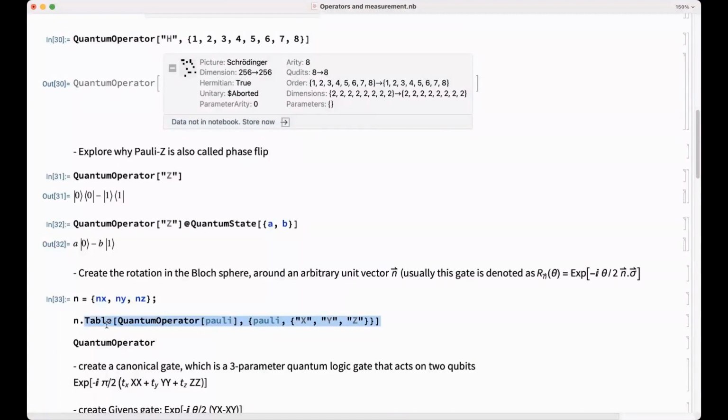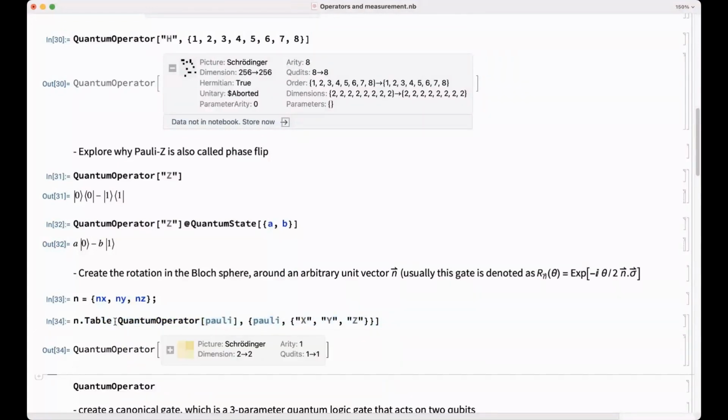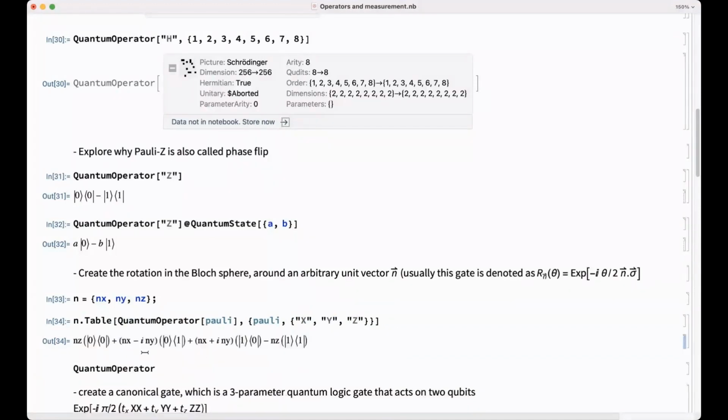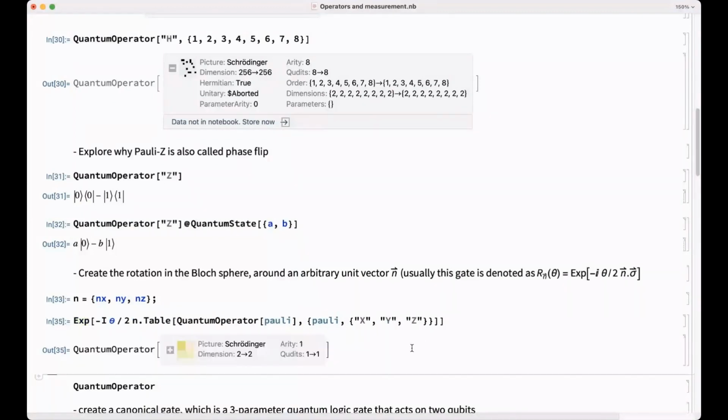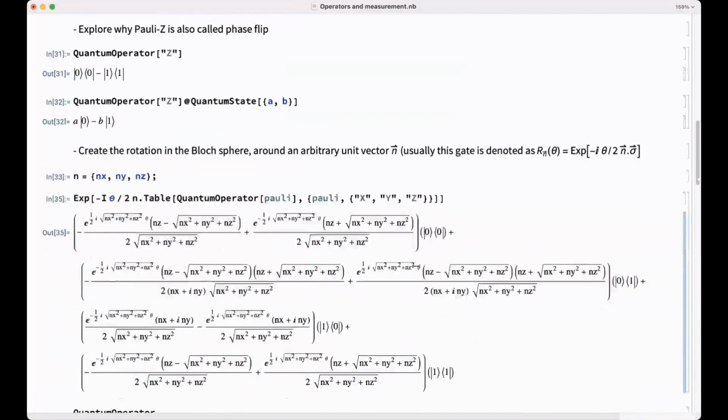Create 3 Pauli operators, I just create a new one like that, and I would just exponentiate it with exactly the same structure. So that's one approach, the manual way of constructing that.